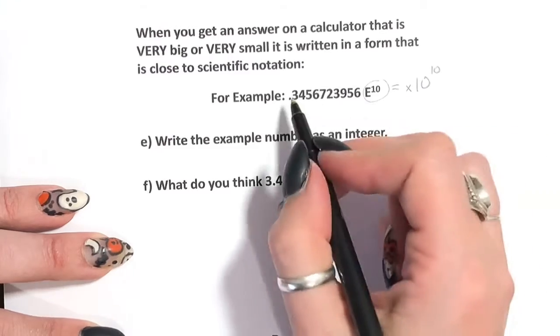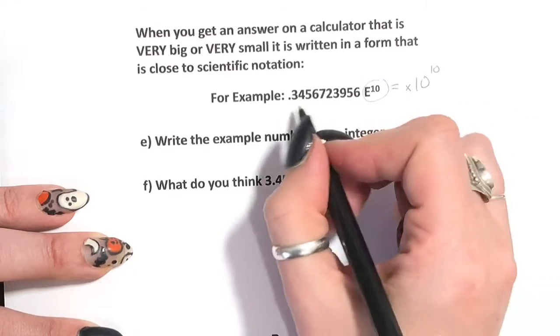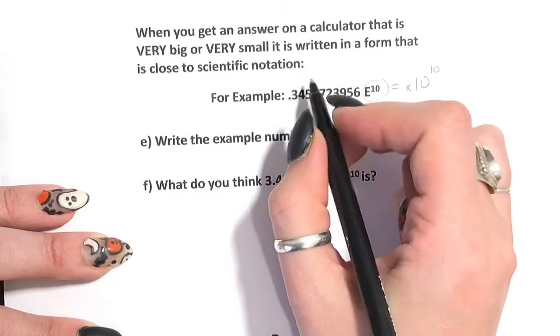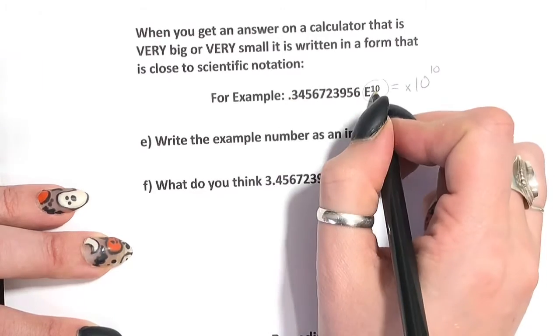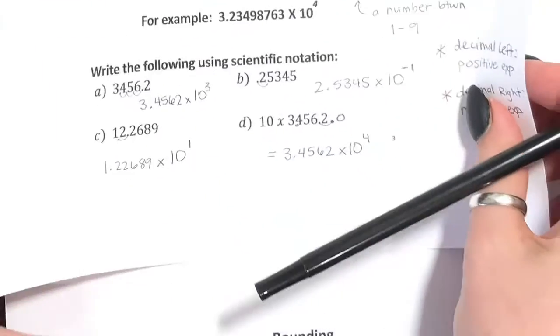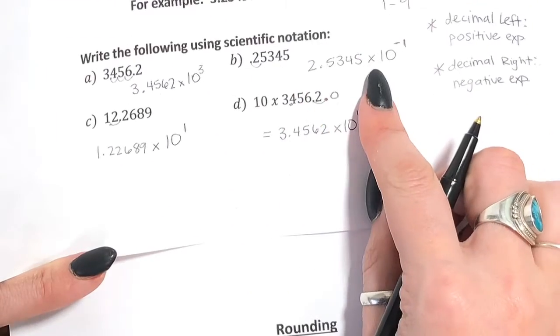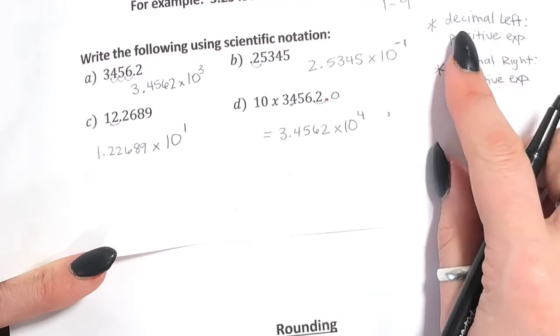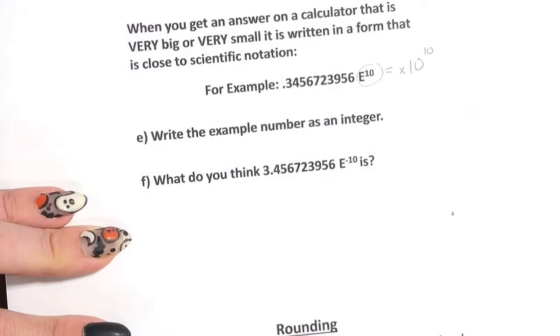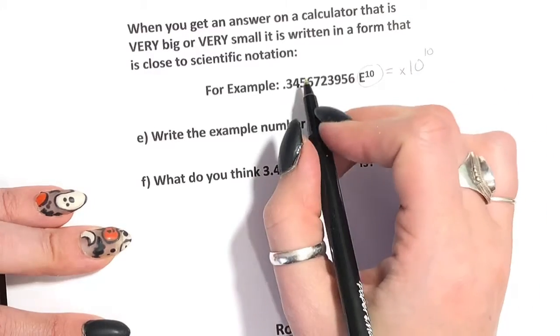So if we write this number as an example, we're going to take this, and our exponent was a 10. When we're undoing the scientific notation, remember on the last page, we were taking a number and putting it into scientific notation. And if we moved the decimal left, it had a positive exponent. Well, we're reversing that. So it's already in that notation.